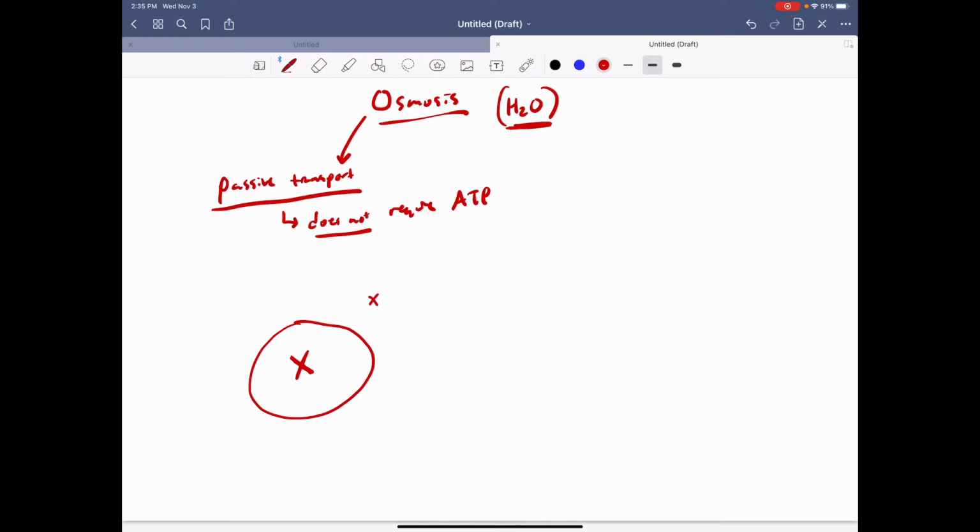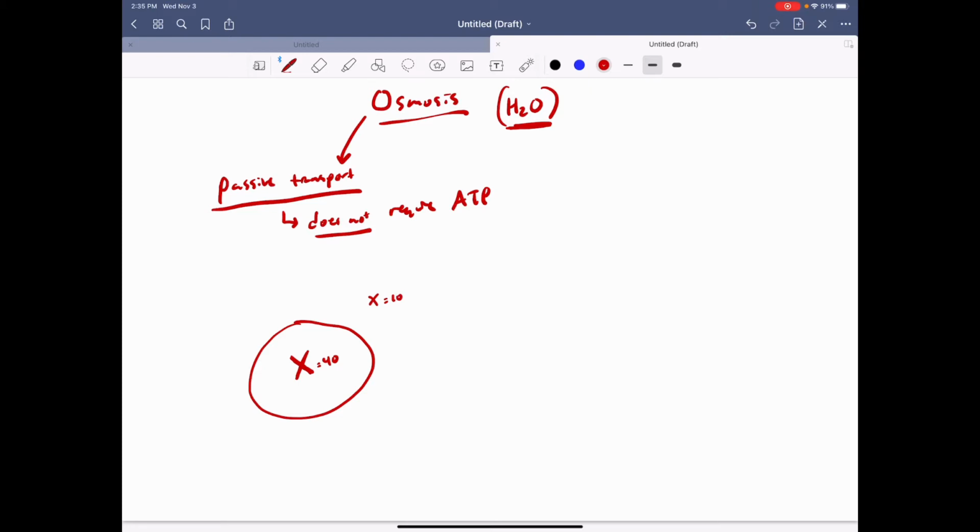So here, we'll say, we won't even give it a digit. We'll just say it's 40, okay? The concentration of molecule X inside here is 40, okay? See how I drew it bigger? Then molecule X outside the compartment is going to be 10.